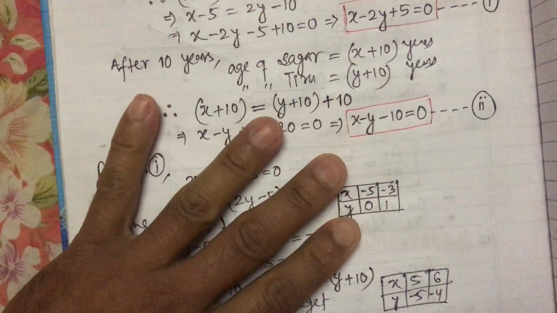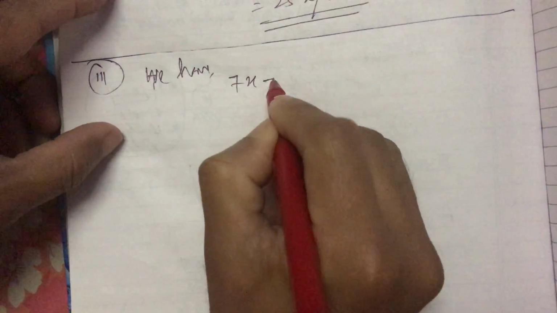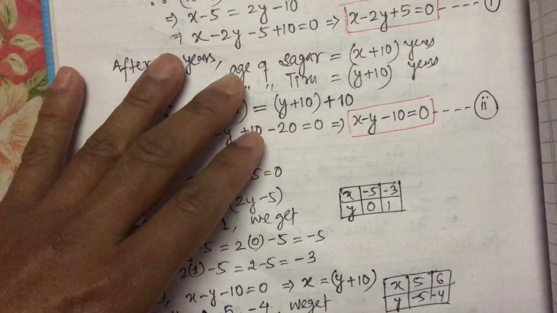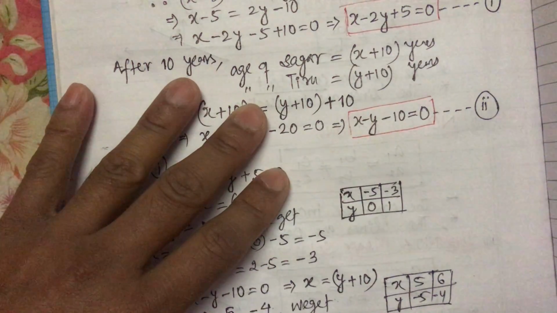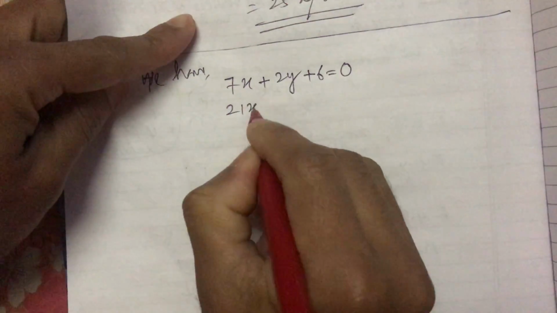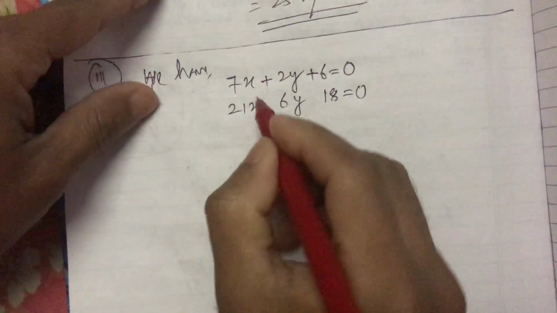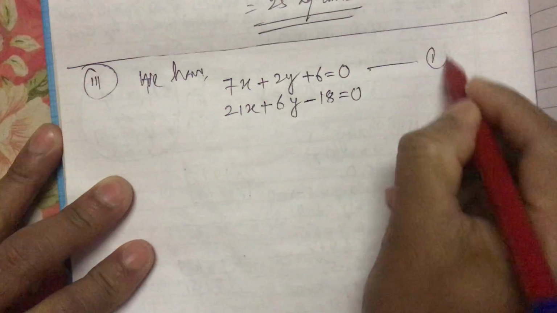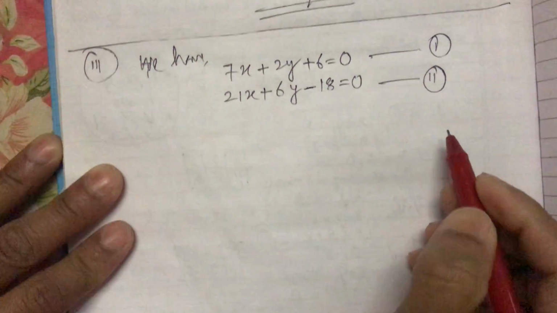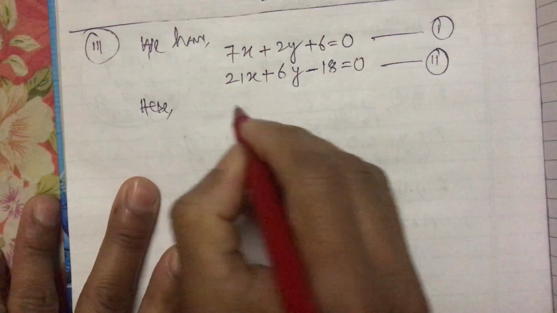Third number equation is 7x plus 2y plus 6 equal to 0, and 21x plus 6y minus 18 equal to 0, and signs are plus and minus. Okay, so this is the equation third number. So I'll mark equation 1, equation 2. Okay, now let's go for this. Here now you can easily make out, I think you got the concept.